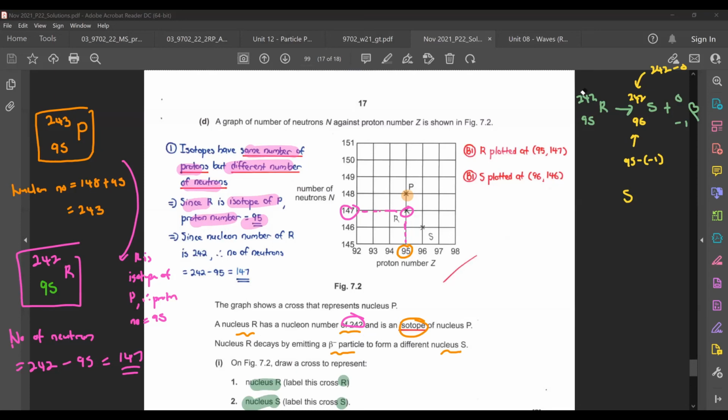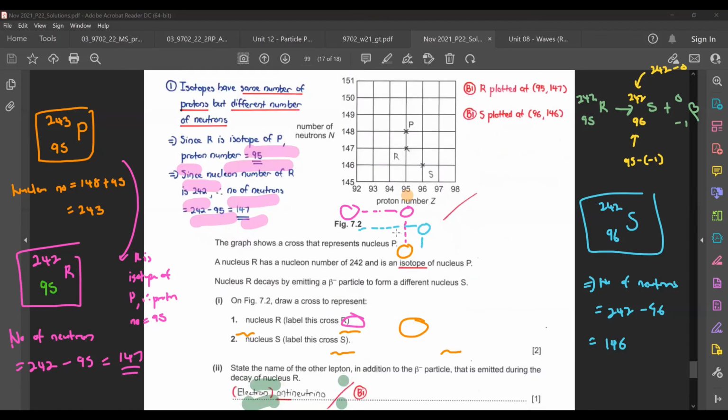S is going to be 242 96. So what you want to find again is number of neutrons, which is 242 minus 96, giving you 146. So nucleus S will be here, where you have proton number 96 and neutron number 146. Just like that.